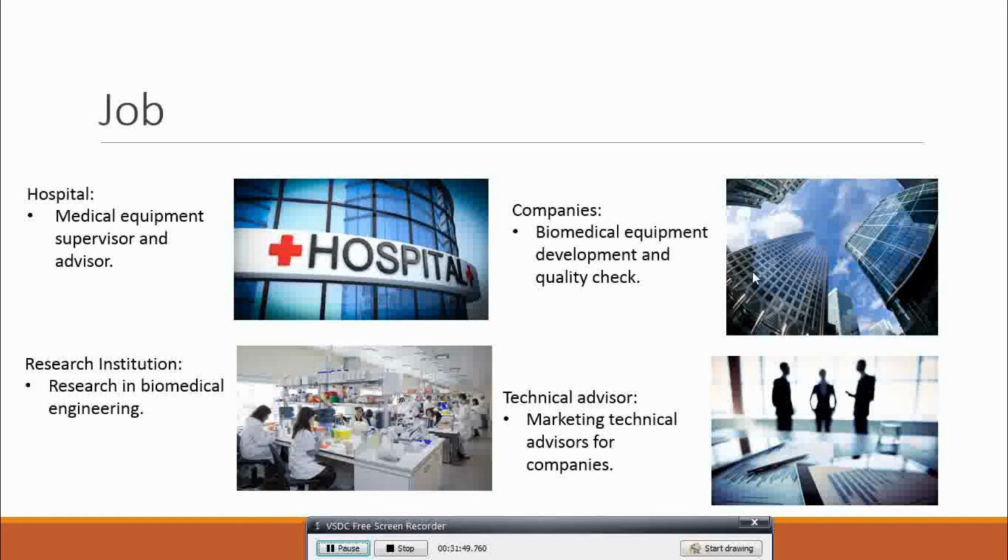So these are other options. Or you can become a technical advisor. As a marketing technical advisor for companies, this is more to do with the technical part of the management perspective, so you will be holding an important position.